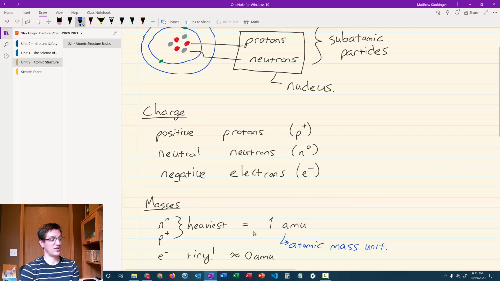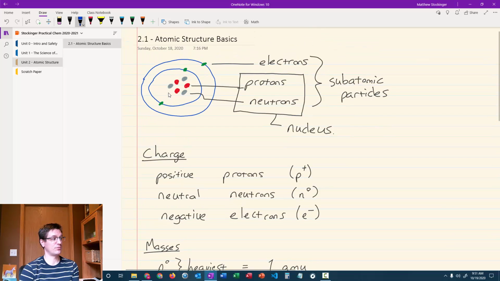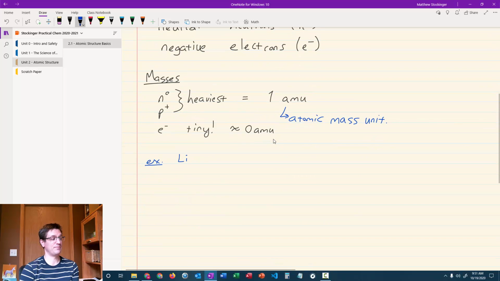Each proton and neutron is 1 AMU, so if I count them up, we have 1, 2, 3, 4, 5, 6. The mass of this lithium atom is 6 AMU. Lithium pictured above, 6 AMUs.